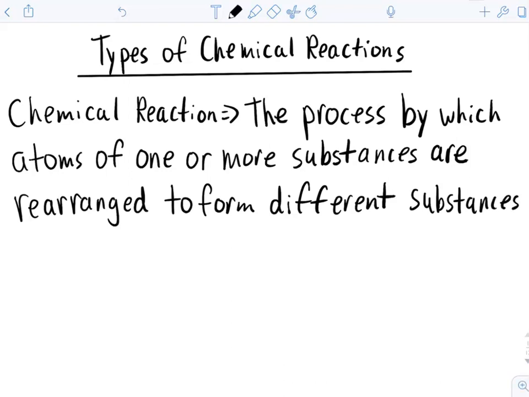So again, the process by which atoms of one or more substances are rearranged to form different substances.